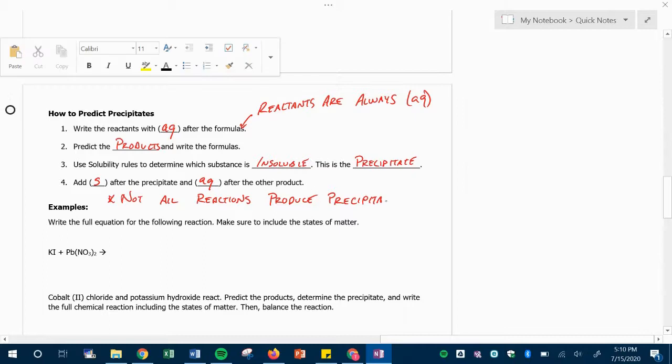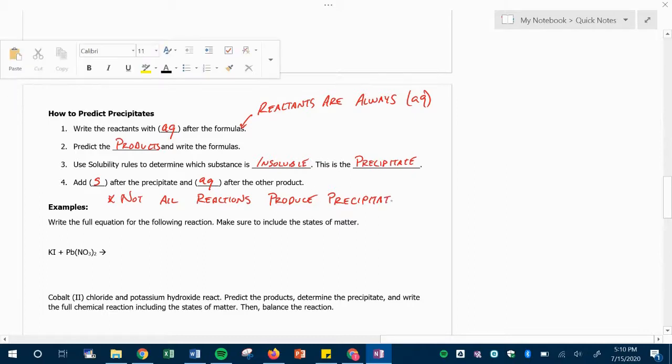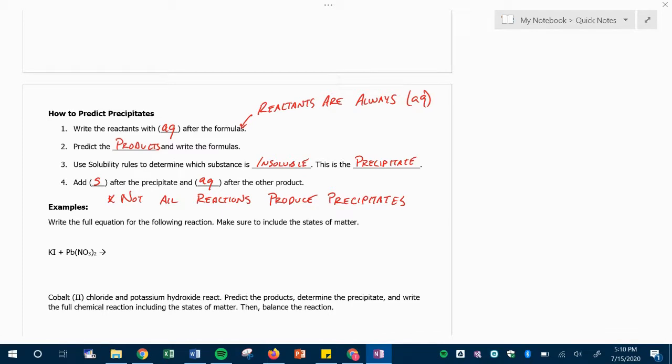That just isn't the case, so you do need to check both products. Obviously in these notes, everything is going to be a precipitate, but like I said, that's not always the case. In fact, on the worksheet or practice that you have, you don't always have precipitates. Anyways, let's get into our first reaction.